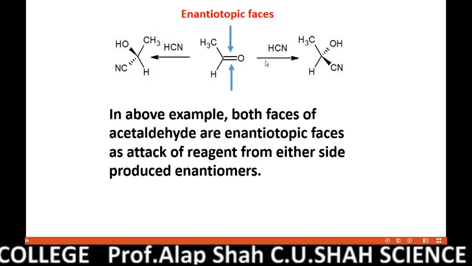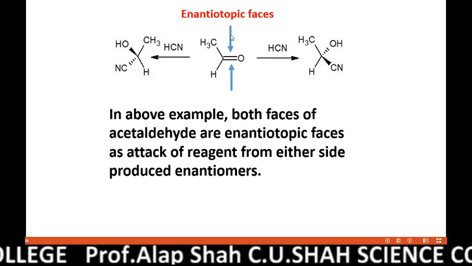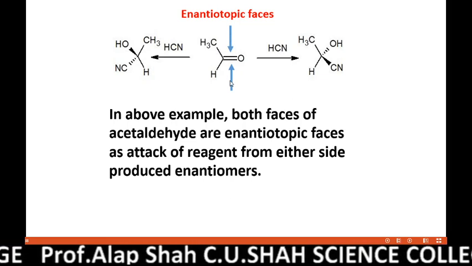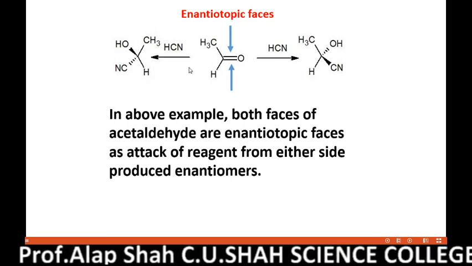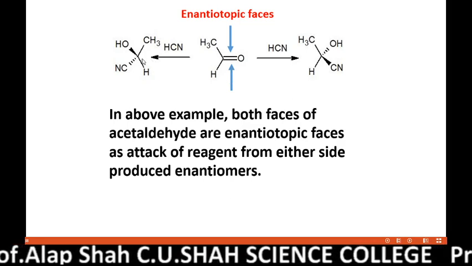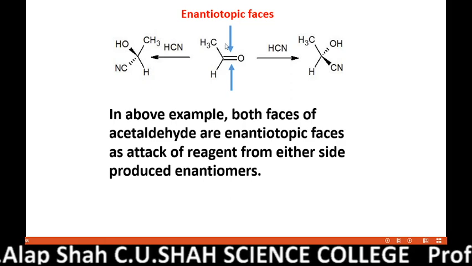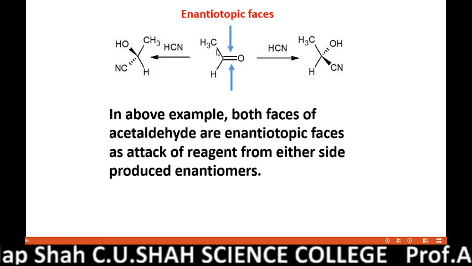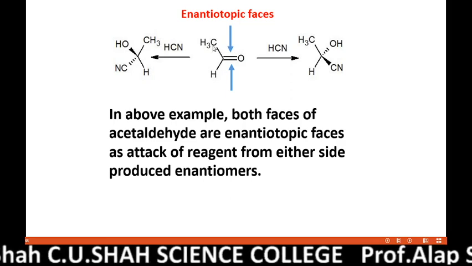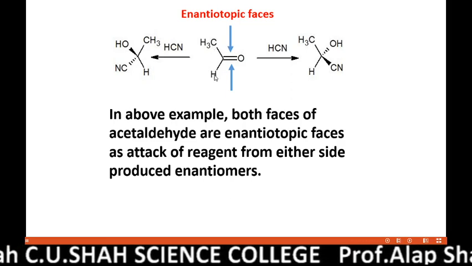Now whether hydrogen cyanide attacks from the plane above or the plane below, the resultant products are not the same, but they are enantiomers of each other. Because in the previous example both hydrogens were the same, but here one is methyl and one is hydrogen.